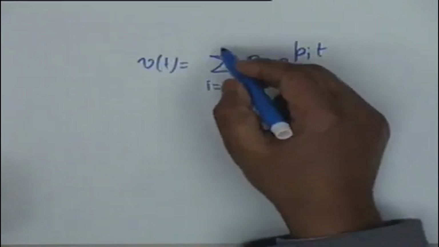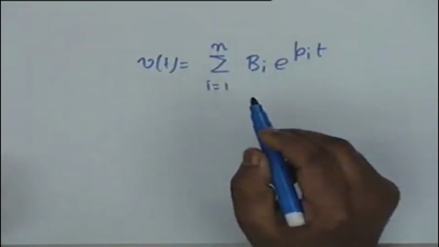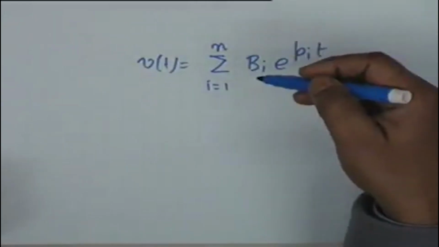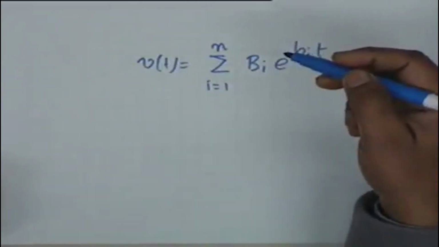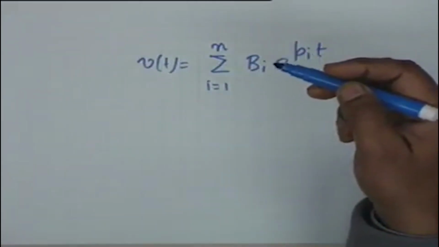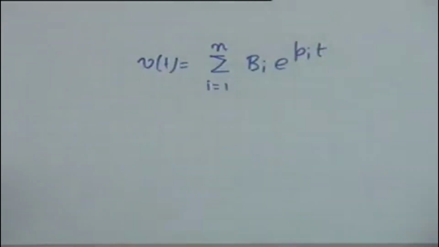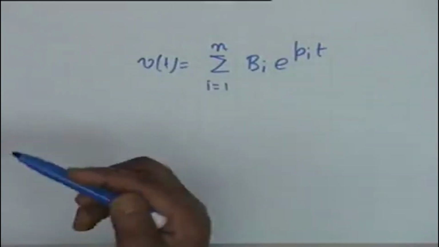All right? And then these constants have to be evaluated from initial conditions. We shall consider several examples next time to illustrate this point. And that's where we conclude today.